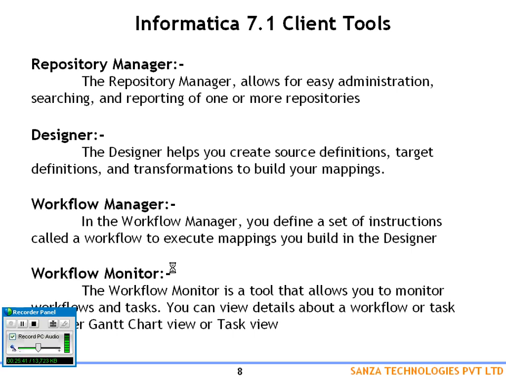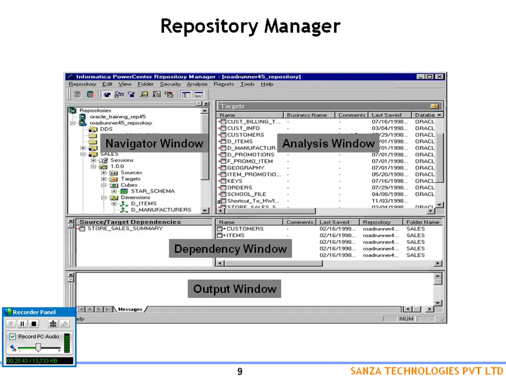All the Informatica client tools look and feel the same. In the repository manager, you will have the navigator window, analysis window, output window and dependency window. This tool is used by the administrator, not by the ETL developer, so you will not have privileges for the repository manager in an ETL developer role.